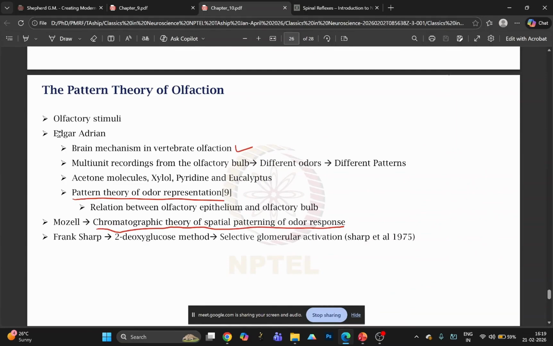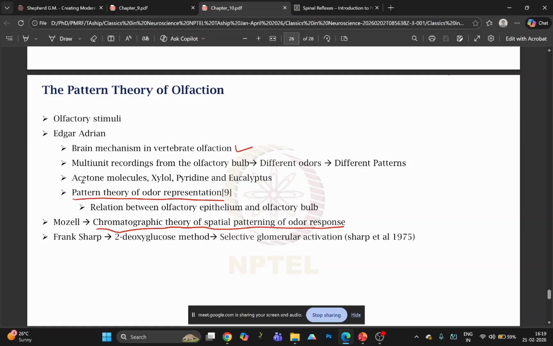He saw when he did recordings from the olfactory bulb that if you give different odors, for example, acetone, xylol, pyridine, eucalyptus, and so on, he was able to see different kinds of impulses being generated in the olfactory bulb. So, depending upon which odor was given, different regions of the olfactory bulb were getting activated.